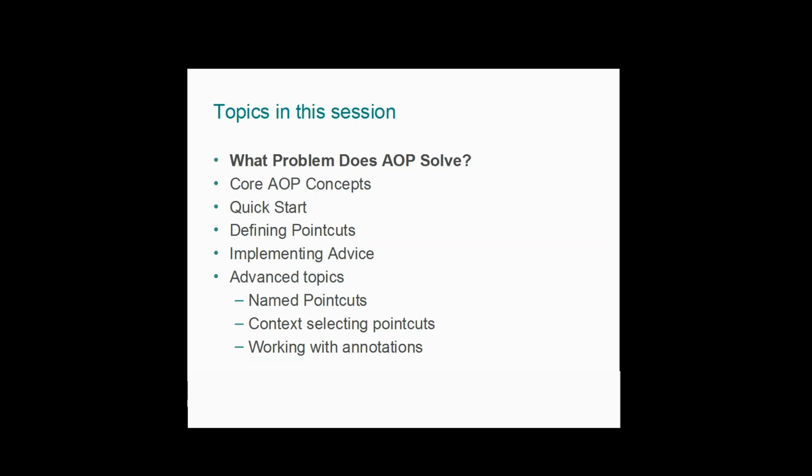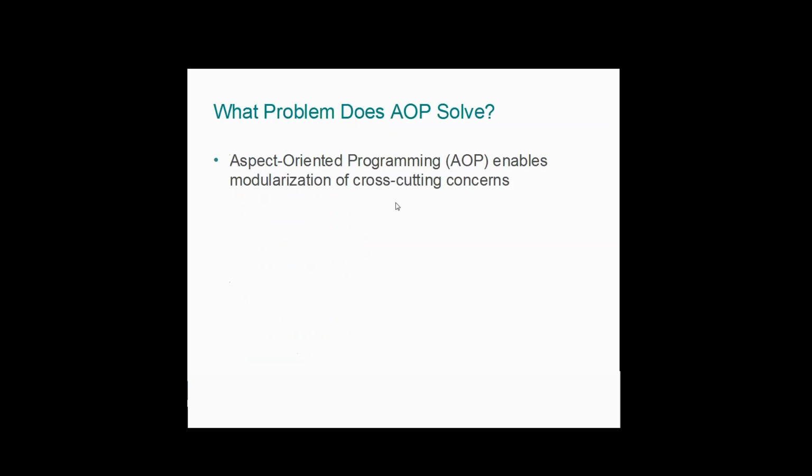Good. I think you covered all of my session today. Okay, I think you covered it very nicely. Thank you. As you said, AOP, aspect-oriented programming, enables modularization of cross-cutting concerns. To benefit others, let's go a little deeper to understand what this modularization is.